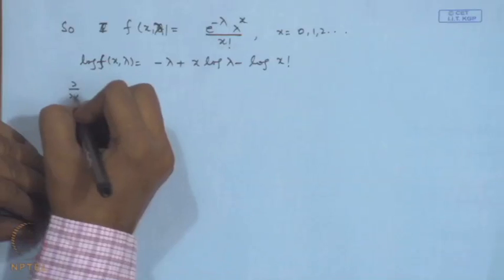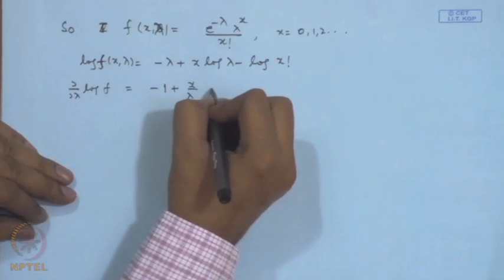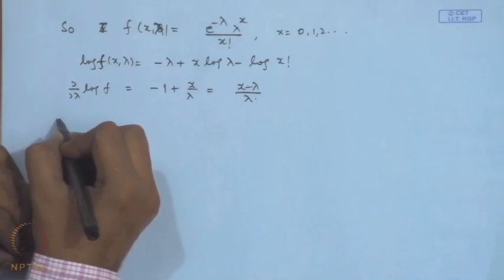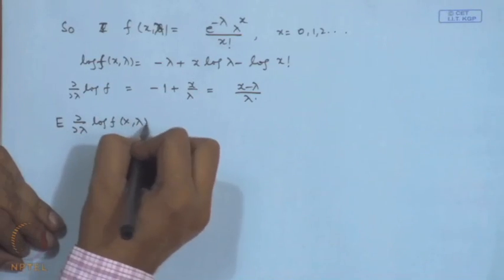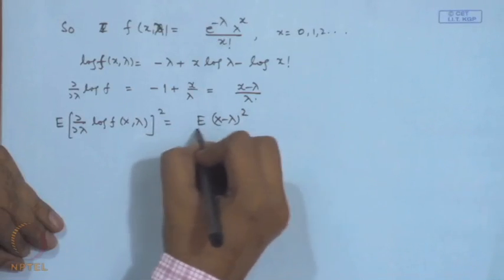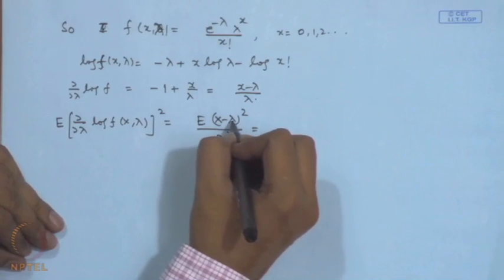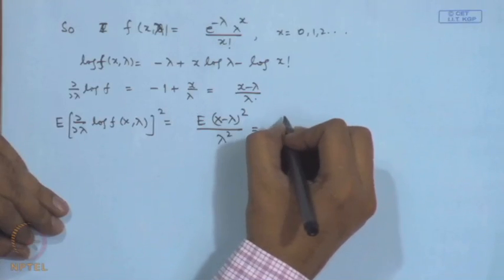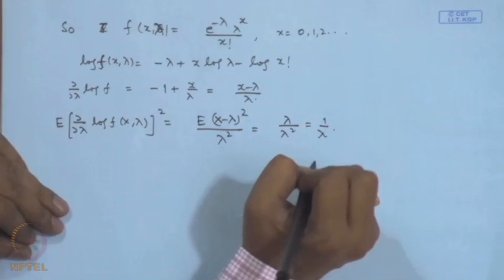So, del by del lambda log of f, that is equal to minus 1 plus x by lambda, which we can write as x minus lambda by lambda. So, expectation of del by del lambda log of f x lambda square, that is equal to expectation of x minus lambda square by lambda square. Now, this is nothing but the variance of x, because in Poisson distribution expectation of x is equal to lambda. So, this is equal to lambda by lambda square, that is equal to 1 by lambda.